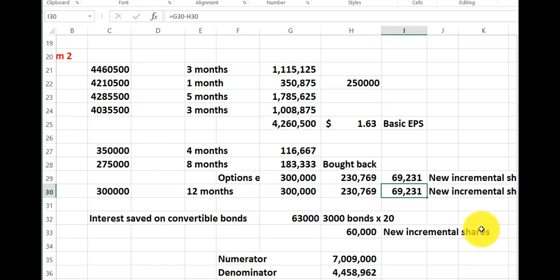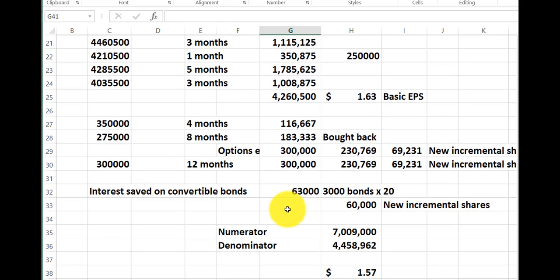All right, so now that we've got the restricted stock and the options taken care of, we look at the convertible bonds. There's no convertible preferred stock to worry about. We first figure out how much interest is saved if we converted the bonds. So if we convert the bonds, we don't have to pay interest on them. We calculate that by taking $3 million times 3%, and then we take 1 minus the tax rate, and the tax rate was 30%.